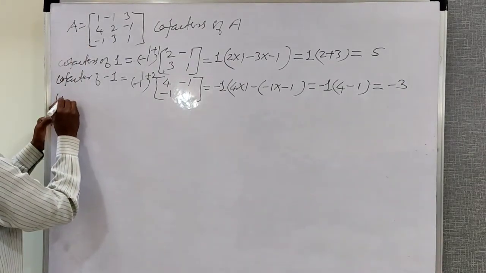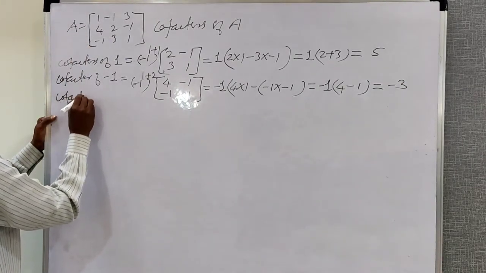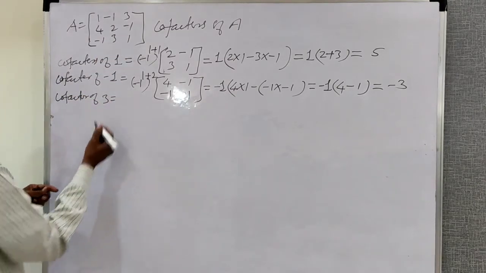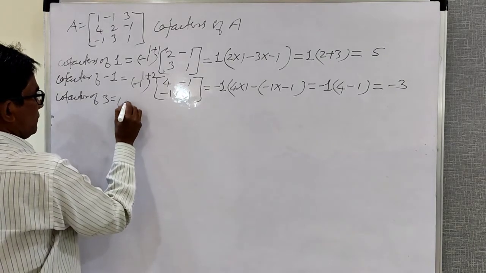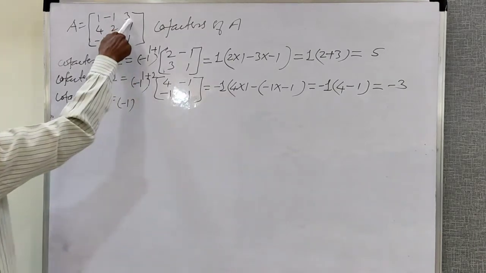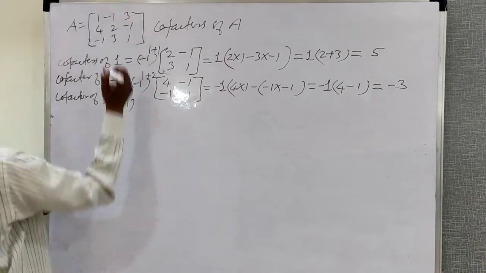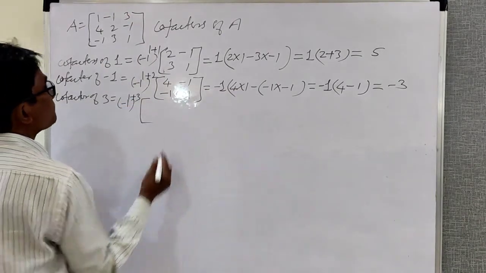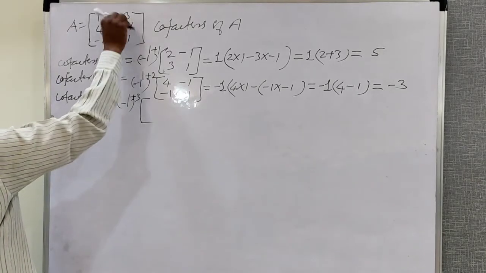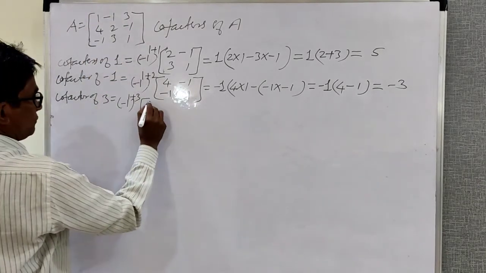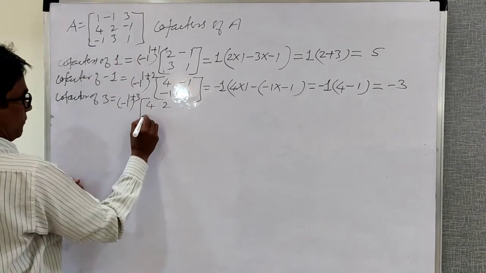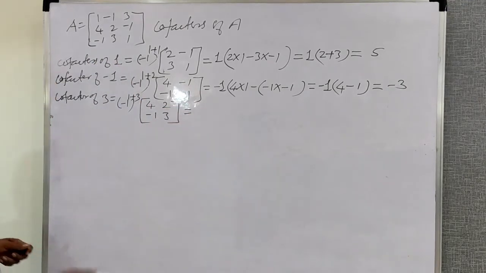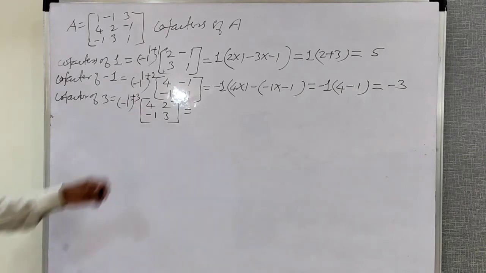Next, cofactor of 3, which is equal to minus 1 power. This 3 comes in first row, third column, and the cofactors are 4 2, minus 1 3, which is equal to 1 plus 3, minus 1 power 1 plus 3.